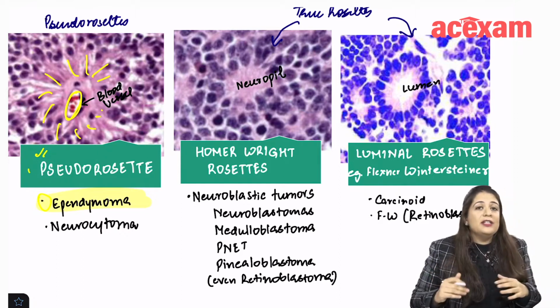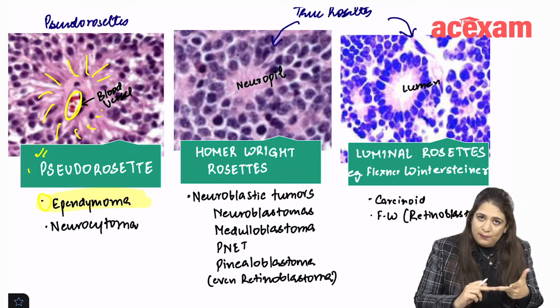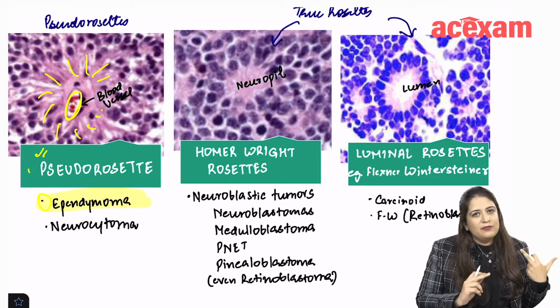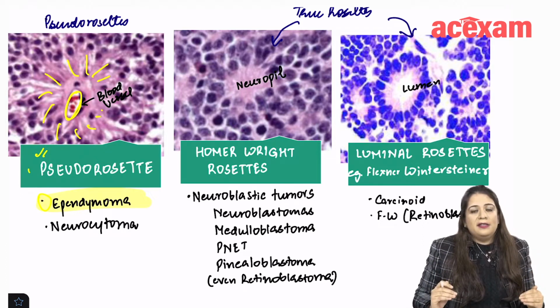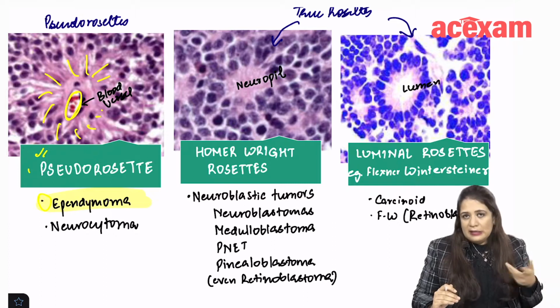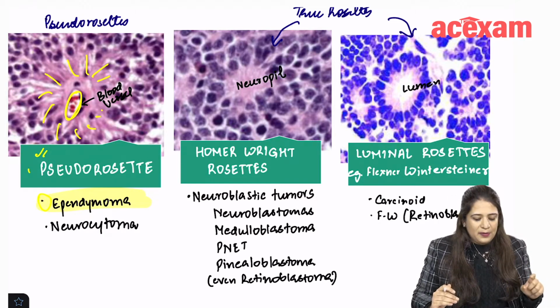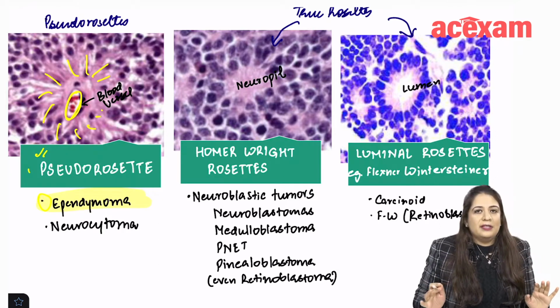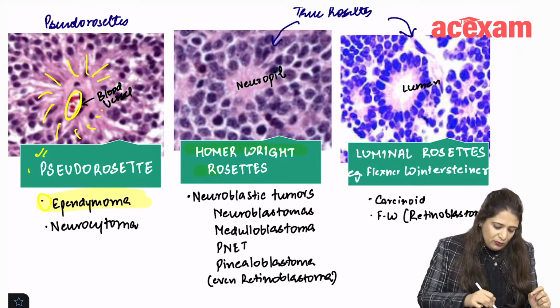But if the hub in the center of this wheel is formed by neuropil, which earlier was believed to be a pseudo-rosette, that too is now a true rosette. So if in the center there is nothing, a lumen, or if in the center there is neuropil, that is a true rosette. And the classical example of a true rosette with neuropil in the center is the Homer Wright rosette.